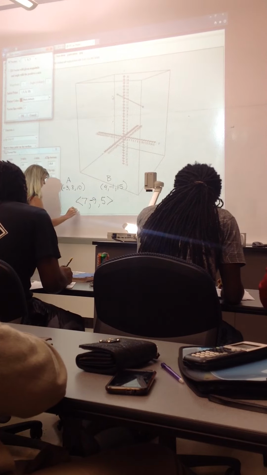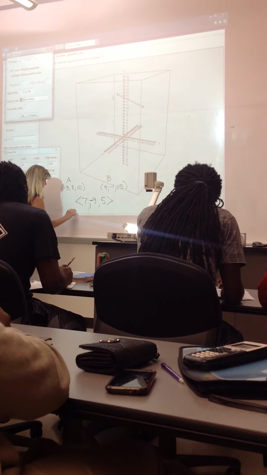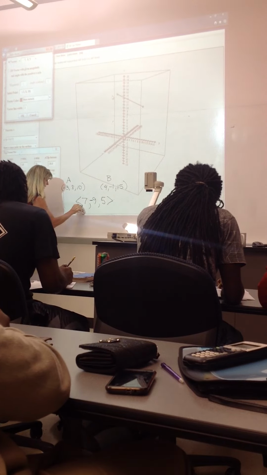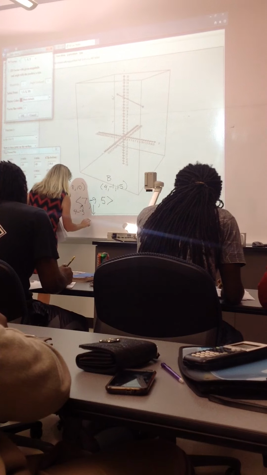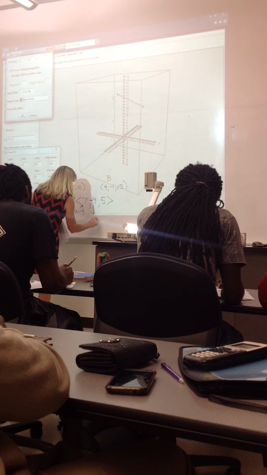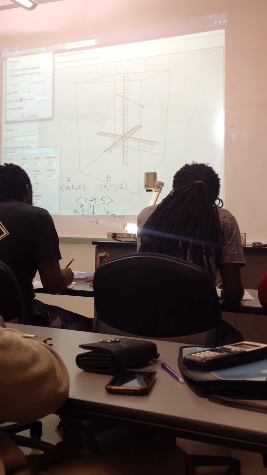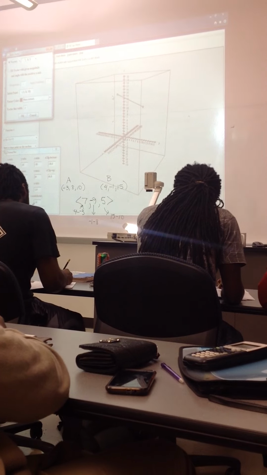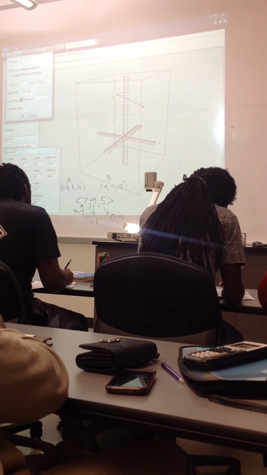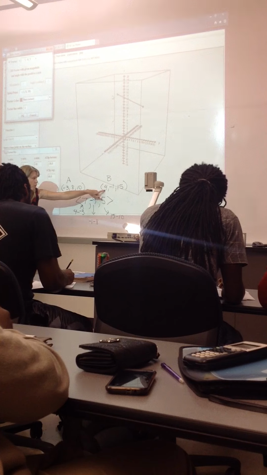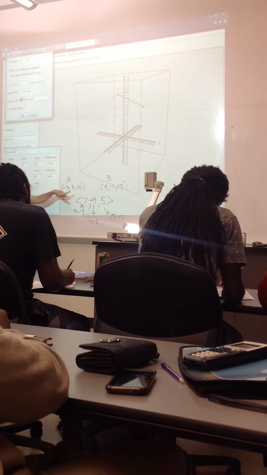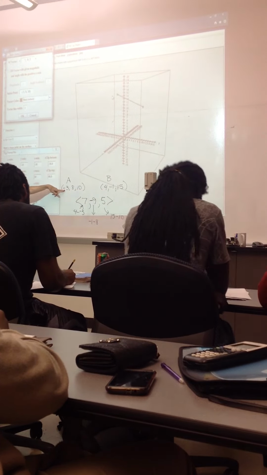So 4 minus -3, -1 minus 8, 15 minus 10. So to correctly get the direction, you have to take the terminal point coordinates and subtract the initial point coordinates.